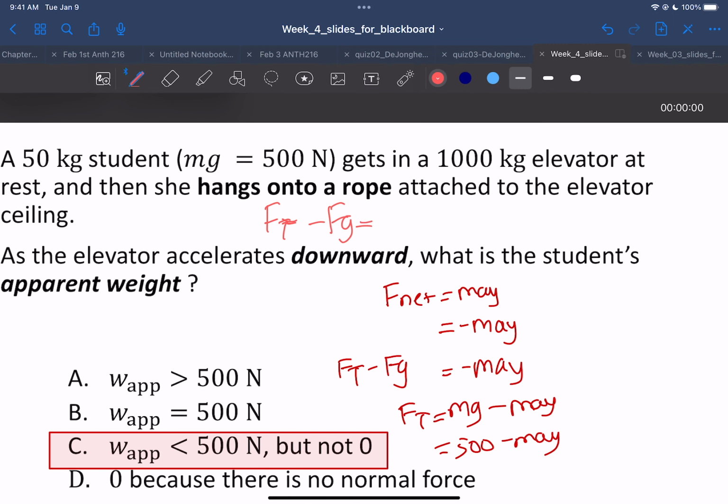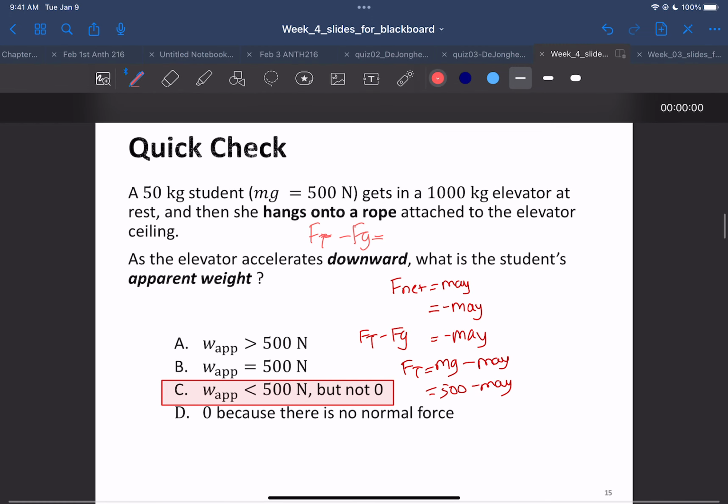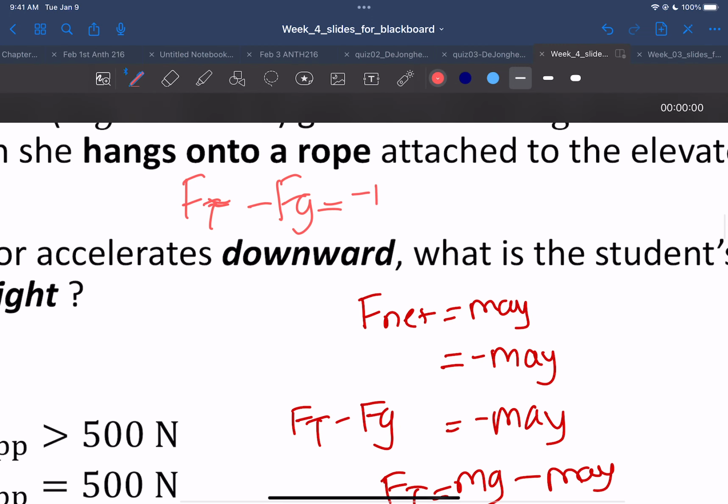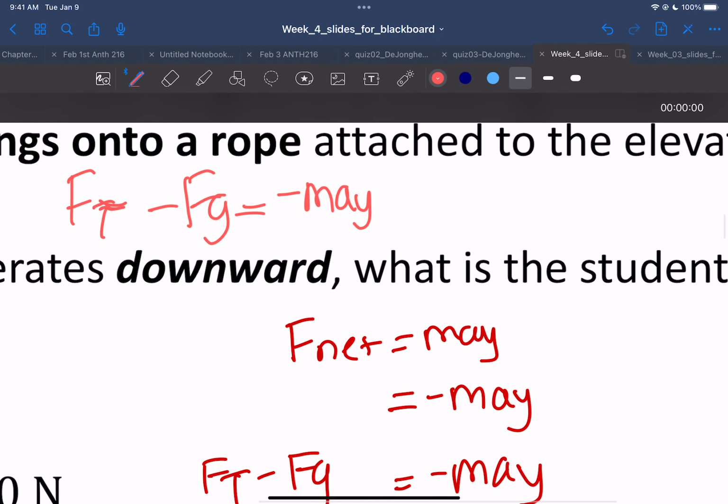And then we know that if the elevator is moving downwards, then it should be a negative net force, so negative may. And don't put a double negative here, because you know that your acceleration is going to be negative, so your overall net force is negative. So I wouldn't do negative negative m times negative ay.